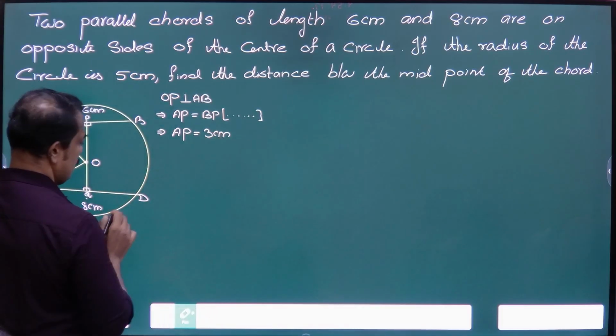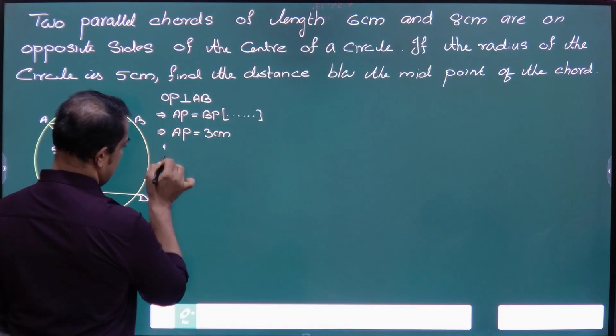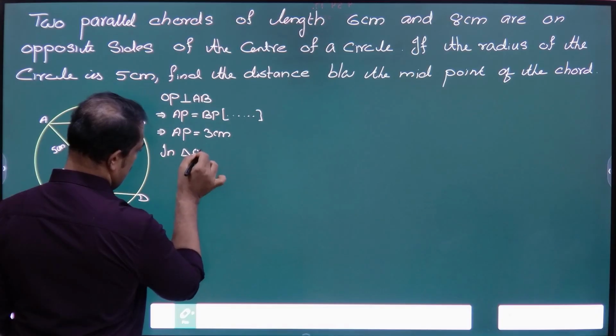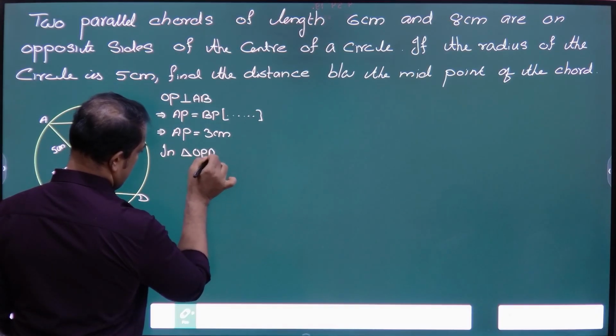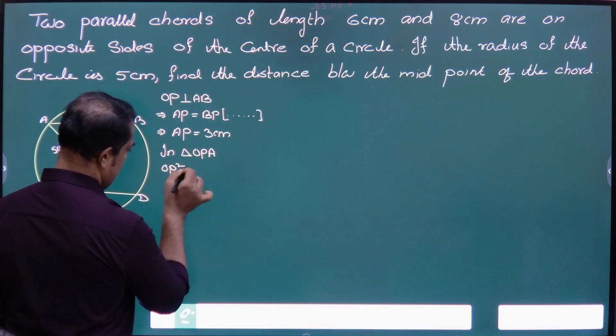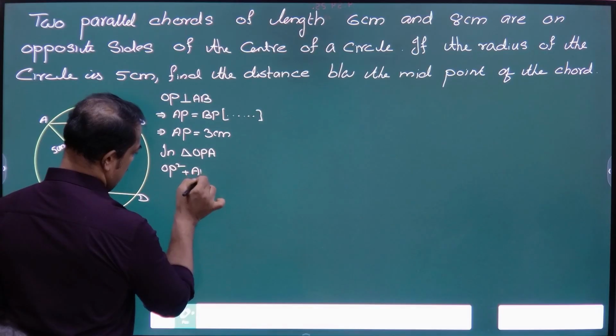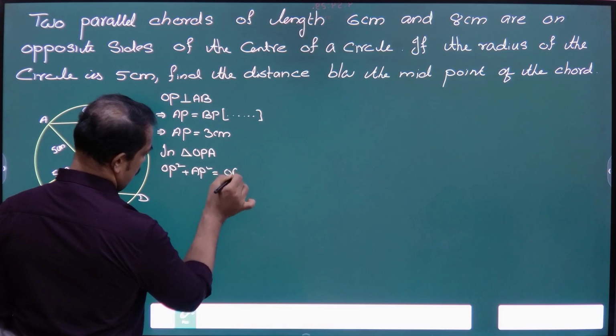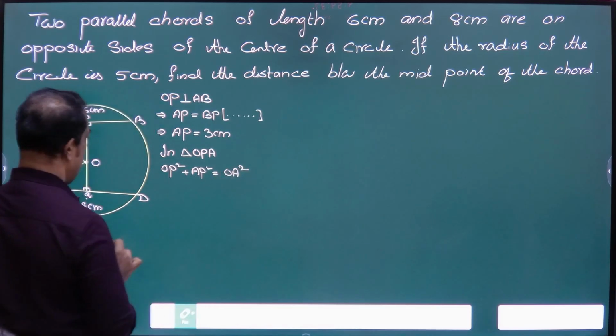Now use Pythagoras theorem in triangle OPA. OP square plus AP square is equal to OA square.